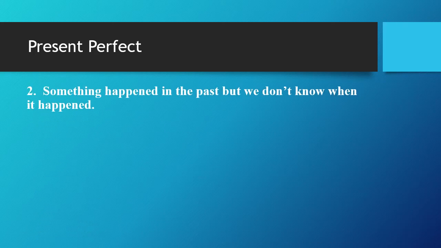Something happened in the past, but we don't know when it happened. यानी कोई भी काम जो कि माजी में हो चुका है, लेकिन हम नहीं जानते when it happened कब हुआ. Right? For example, I have finished. मैं काम खत्म कर चुका हूँ. Let me explain it to you through a timeline. Past, present.